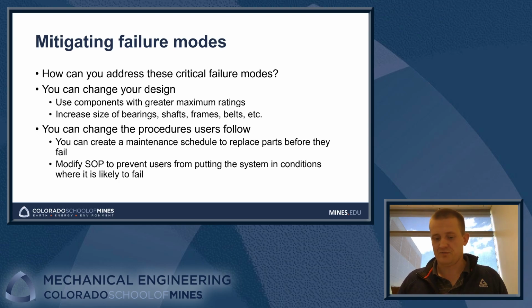So just realize that there are lots of different ways that we can mitigate these failures, and it doesn't necessarily have to be just replacing parts and overbuilding the whole system. Be creative in thinking of how we can mitigate those failures, and just make sure that you're thorough and you check out all of those top 5 failure modes and calculate a good criticality number.